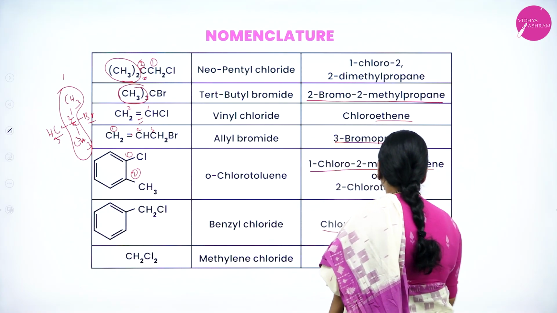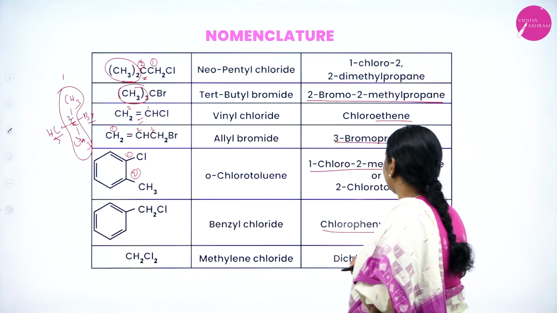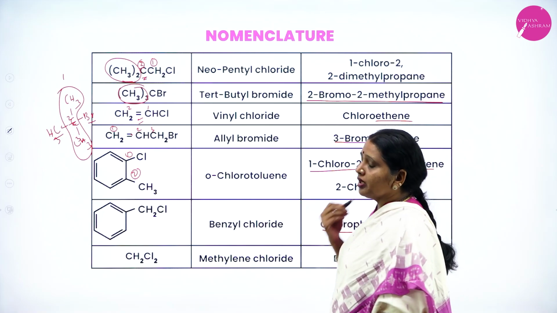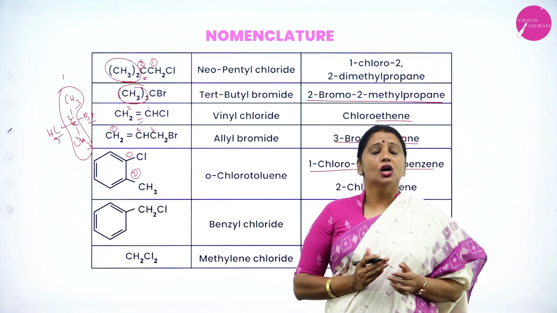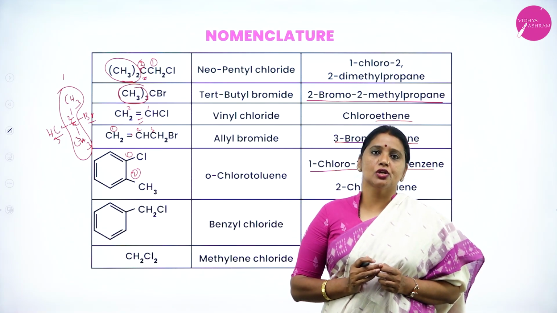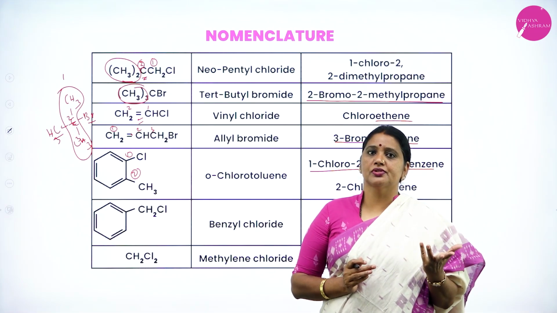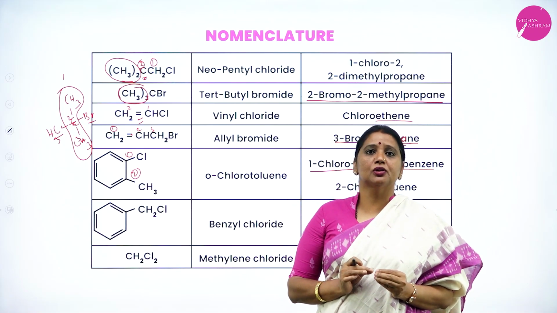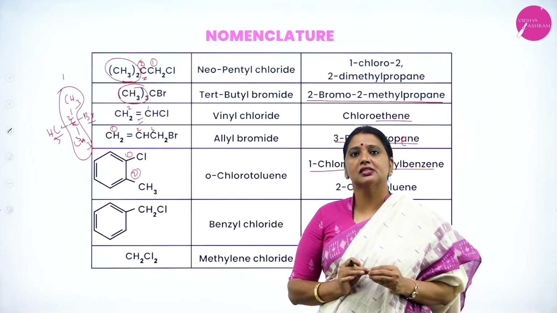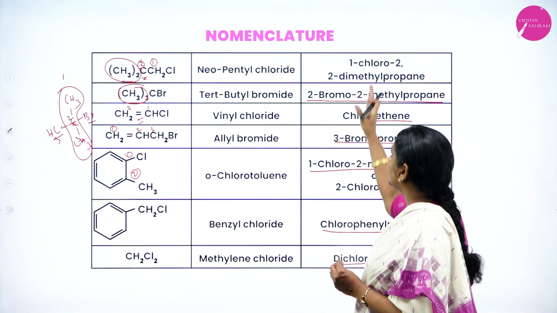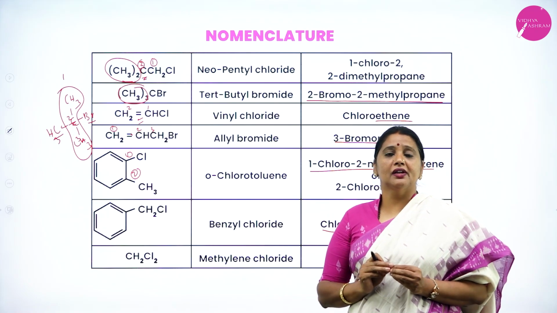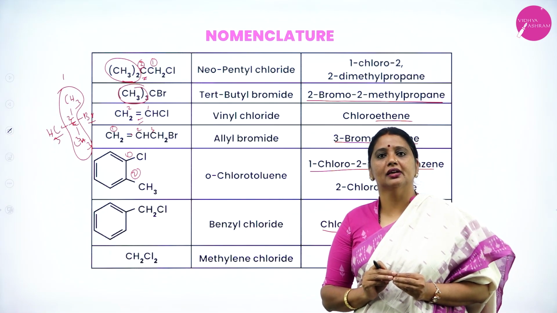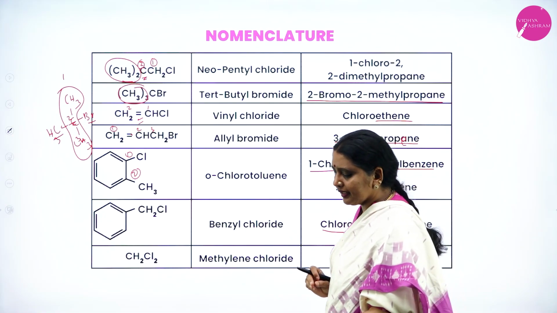This is chlorophenylmethane. It is dichloromethane. You already know there are rules and regulations for naming any organic compound by the IUPAC system from first PUC. Therefore, follow those rules: give the least possible number to the functional group, next number to the substituent, and try to write the IUPAC name of a given organic compound, that is haloalkane and haloarene.